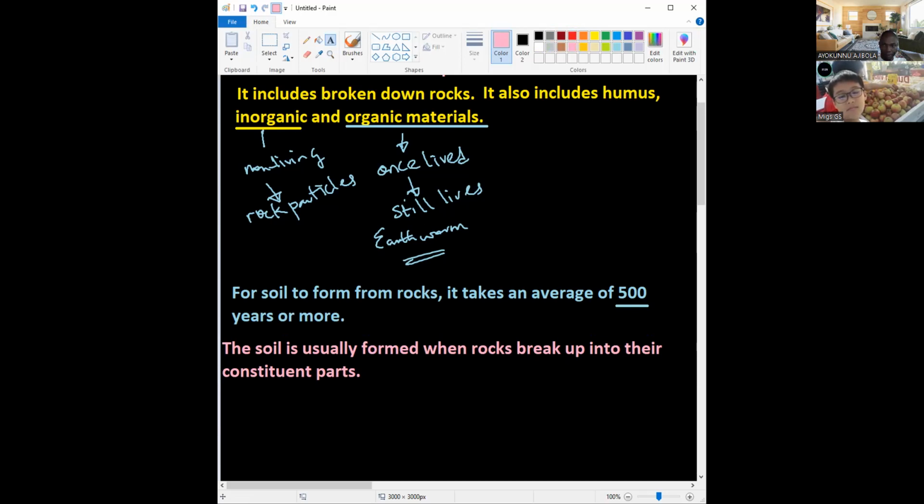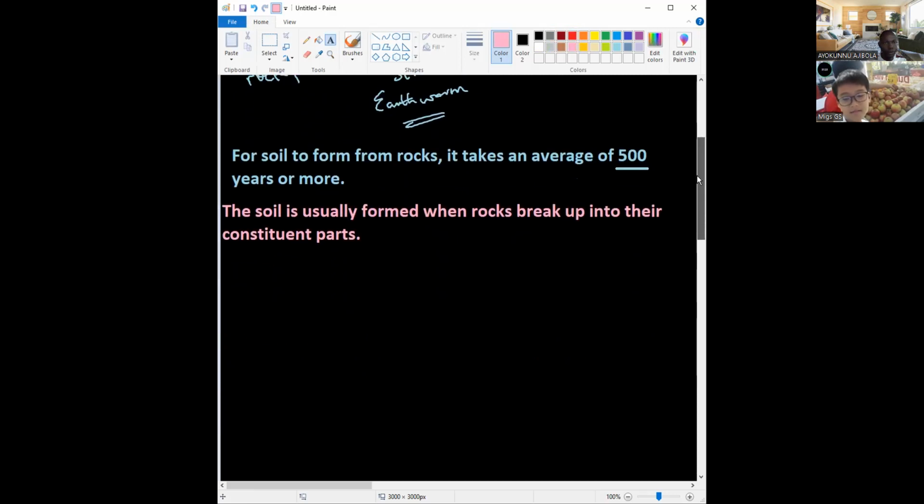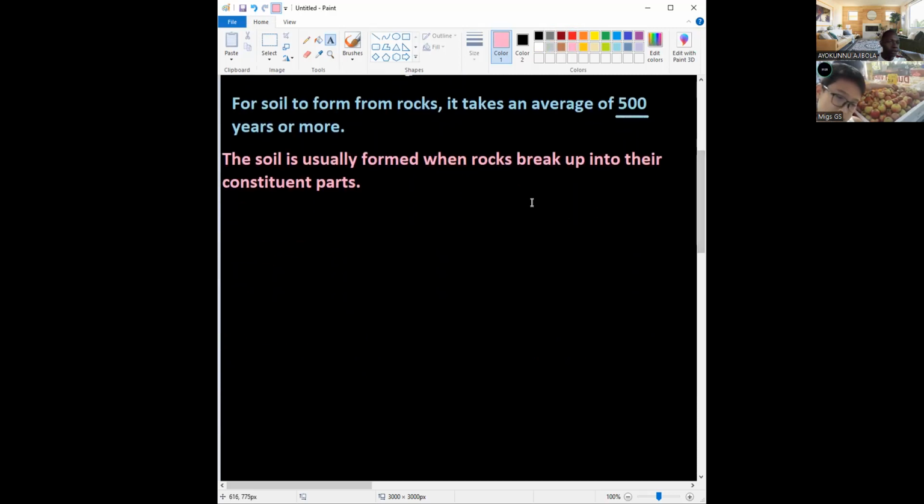There are some forces that cause rocks to break apart. Not that somebody is going to use a hammer and start breaking the rock. I'm not just going to call Miggy and say, bring one big hammer and let's break all of these rocks. No. But there are some activities or forces that cause rocks to break into smaller parts to form soil.